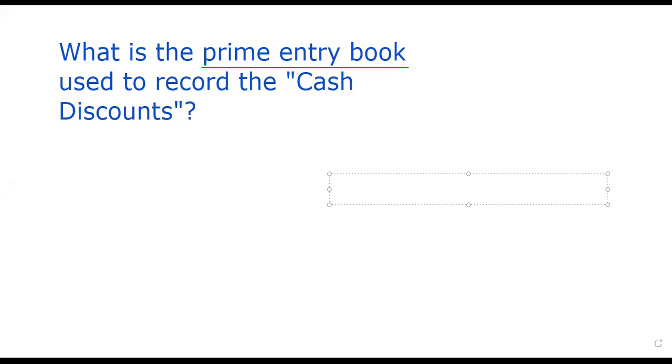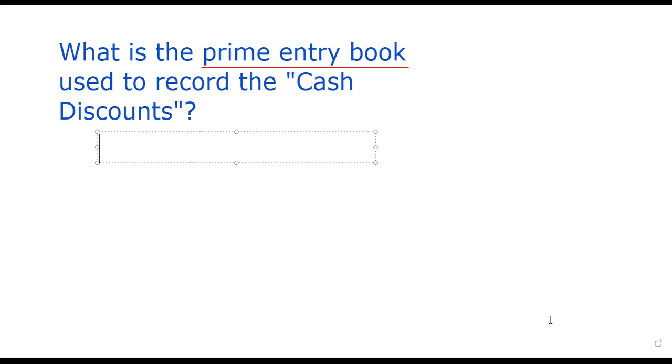What is the prime entry book that we use to record the cash discounts?